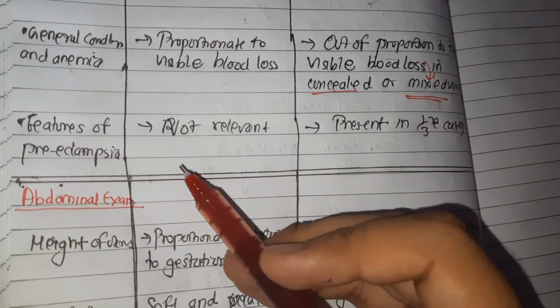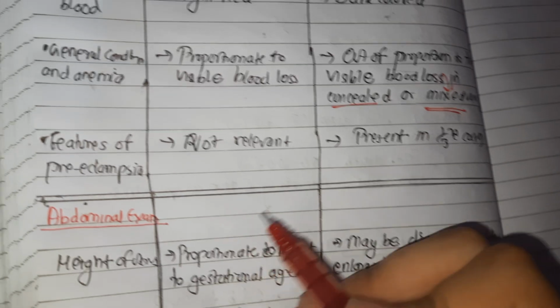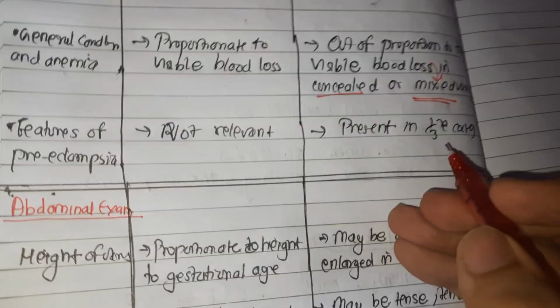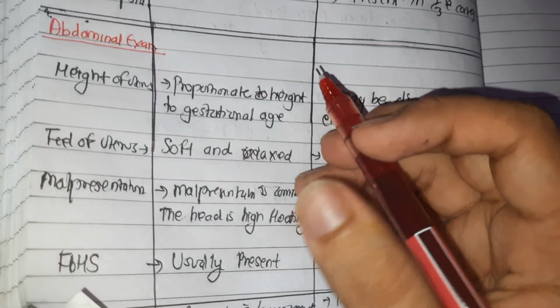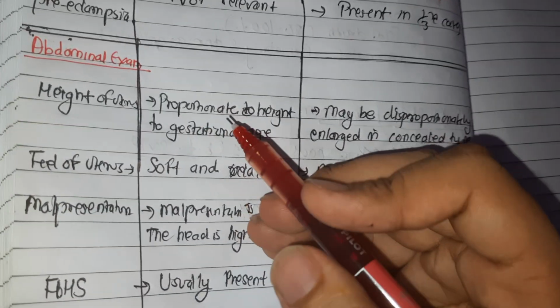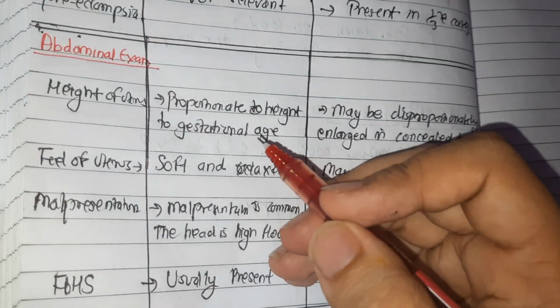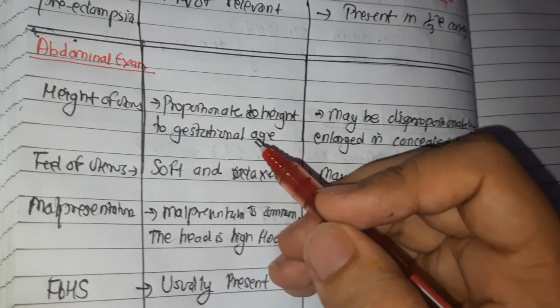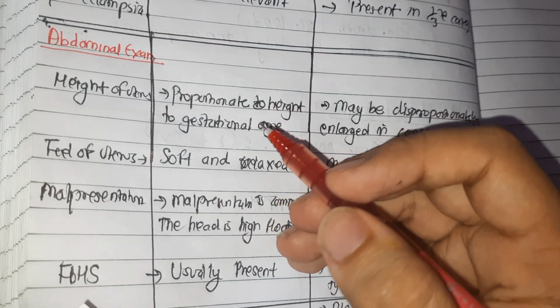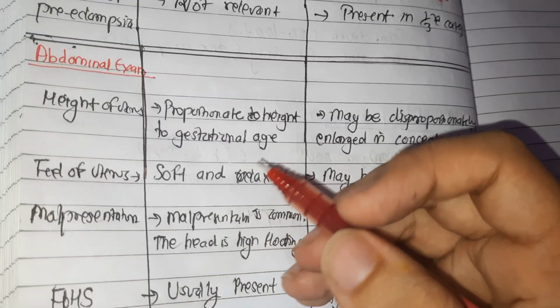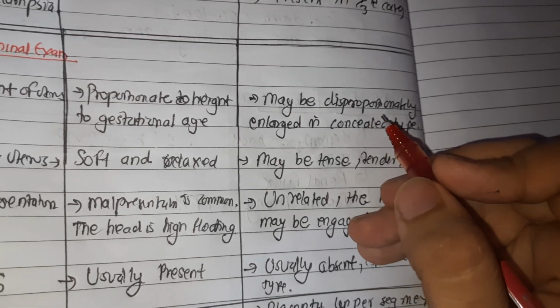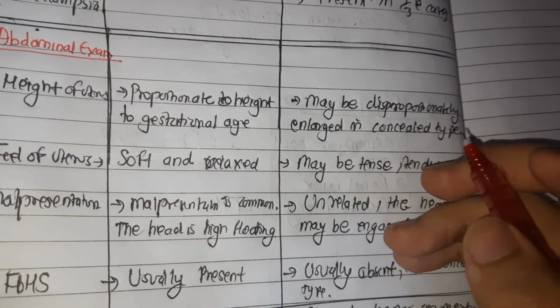And the feature of preeclampsia is not relevant in placenta previa, but it is present in one third of cases of abruptio placenta. On examination, the height of fundus is proportionate to the gestational age, and the uterine size is equal to the gestational age in placenta previa, whereas it may be disproportionately enlarged in the concealed type.